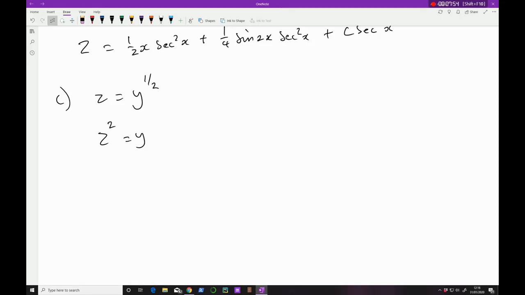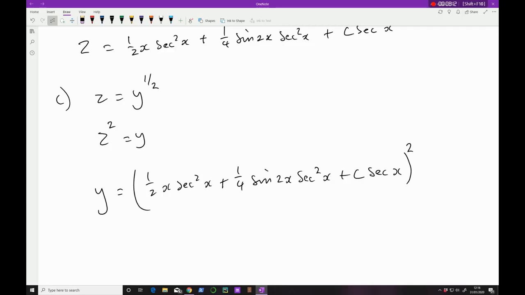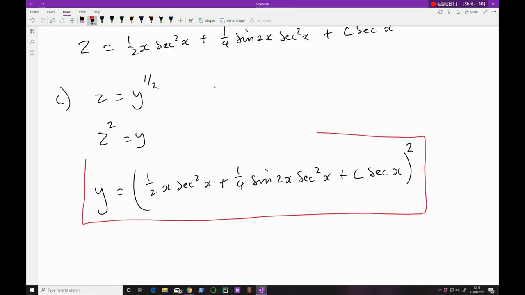Therefore, we square everything and change it into y. So y equals everything that we wrote before, raised to the power of 2. And this is our general solution.